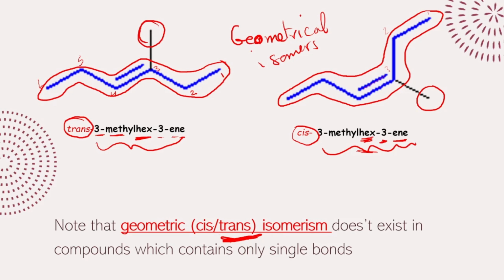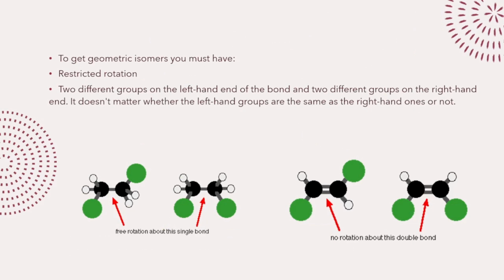Okay, let's go to more details about geometric isomerism. What is geometric isomerism? Geometric isomers are isomers, or similar compounds, in which the order or geometry of the alkyl groups in the two compounds is different.